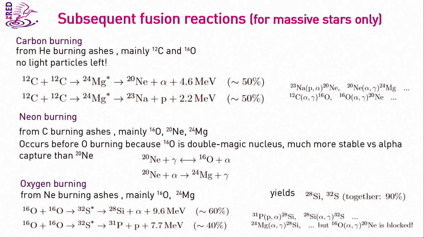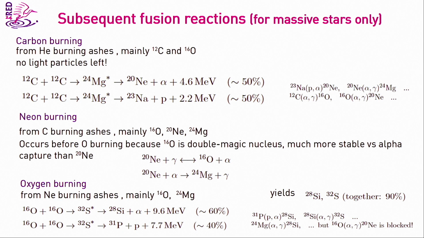But for more massive stars than the sun, typically stars that are 10 times more massive than the sun, the temperature, once the helium is exhausted in the center, will get high enough for carbon fusion to be made. And beyond carbon fusion, you will have neon fusion and oxygen fusion, or burning. And so each time you are left with the ashes of the previous nuclear fusion phase, it means that you do not have light particles anymore.